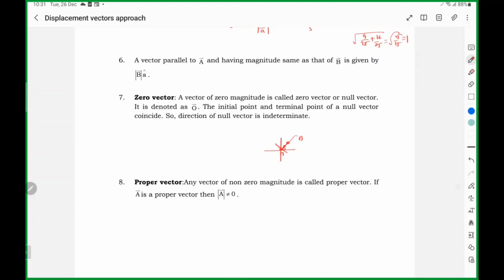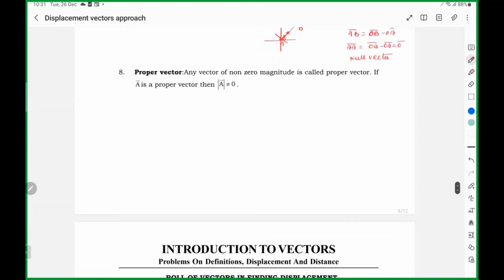The null vector AB, I will write OB minus OA, that is AA, is 0. It is called a null vector, so we cannot decide its direction. A vector which is different from 0, whose magnitude is different from 0, is called a proper vector.